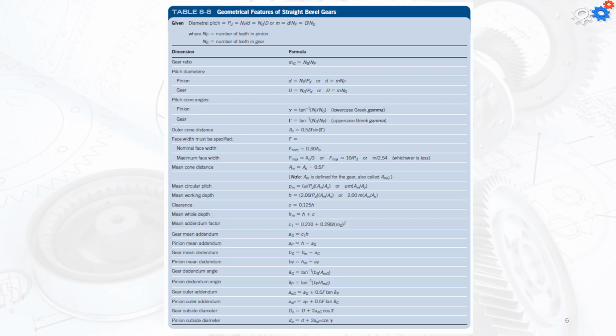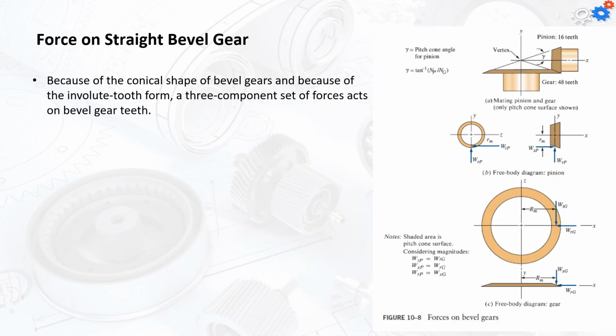The geometrical features of the straight bevel gears, as shown in figure A-22, are explained here: what each dimension is and the formula required to calculate it. This can be a good reference when you start to design the bevel gears in the example we're going to have here. First we need to understand the forces on straight bevel gears.